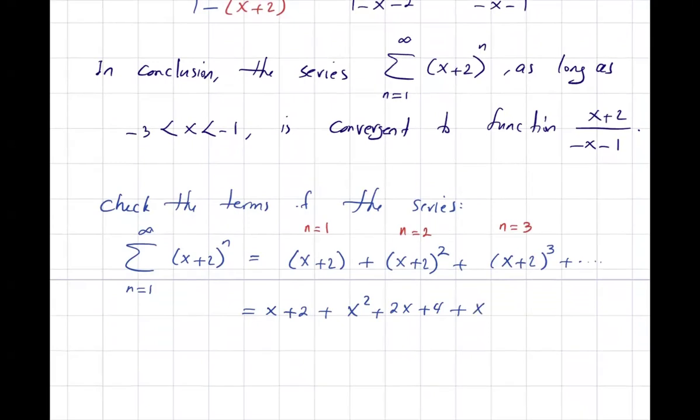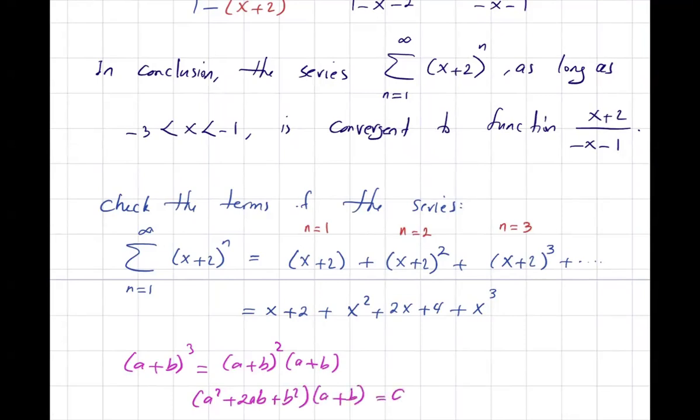Here you have x cubed. Let me write this guy down for you here. If you have (a + b) to the power 3, if you don't remember the formula, it is (a + b) to the second times (a + b), which is (a squared plus 2ab plus b squared) times (a + b).